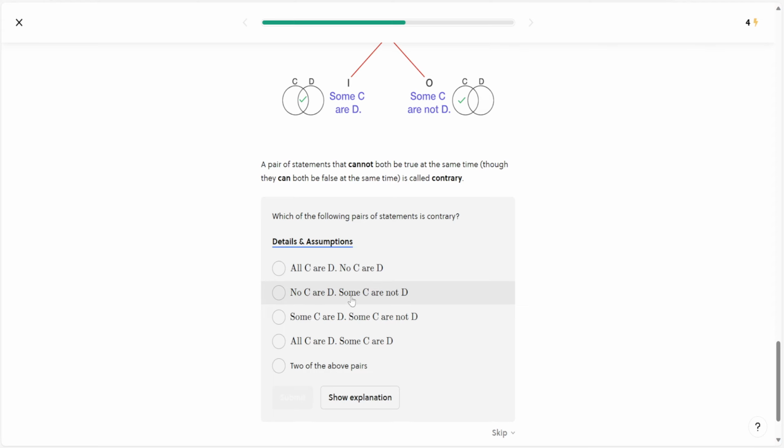No C are D, some C are not D. I think that's fine. Some C are D, some C are not D.